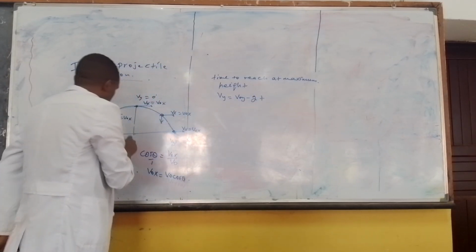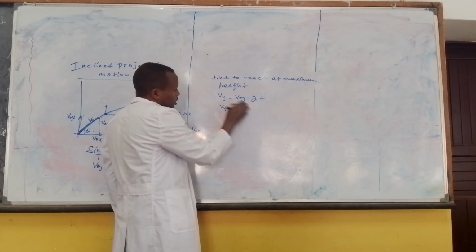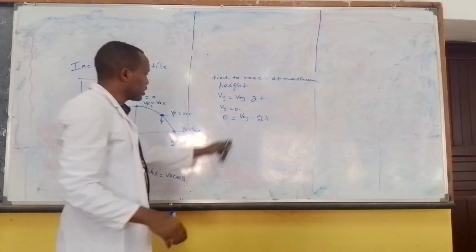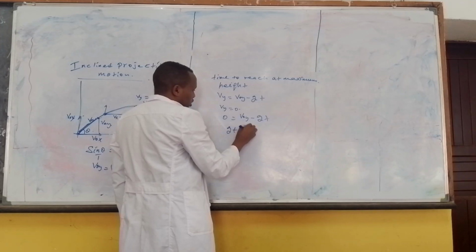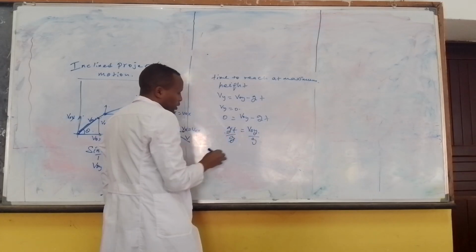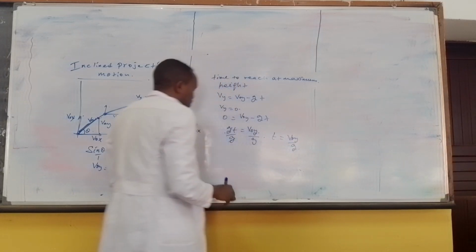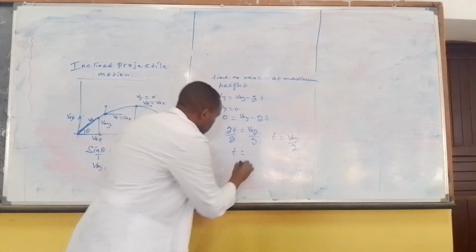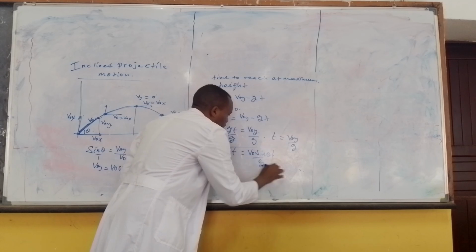Since we are determining the maximum position, vy is 0, so 0 is equal to v0y minus gravity times t. Then gravity times t is equal to v0y, so time is equal to v0y over gravity, which is v initial times sin theta over gravity. This is the time to reach maximum height.